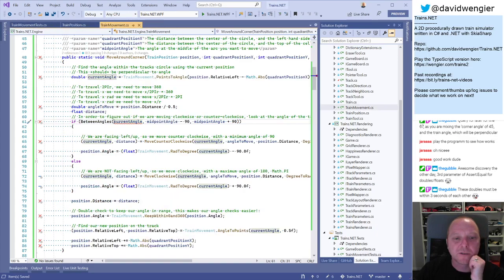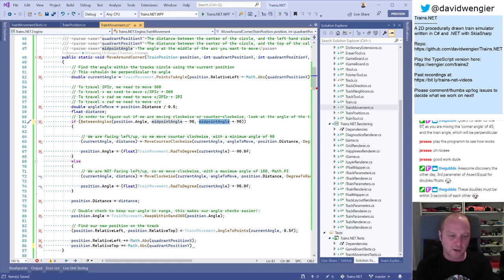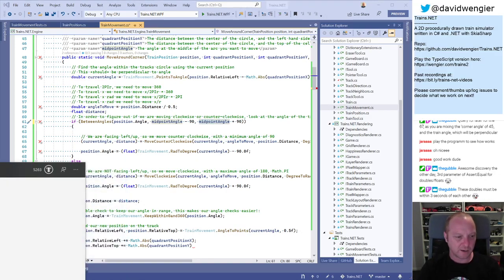But what I need to specify here for the midpoint angle, that is not the midpoint of the curve, it is the angle that lies in the middle of going clockwise and anti-clockwise. So for this curve, let me open paint.net again.